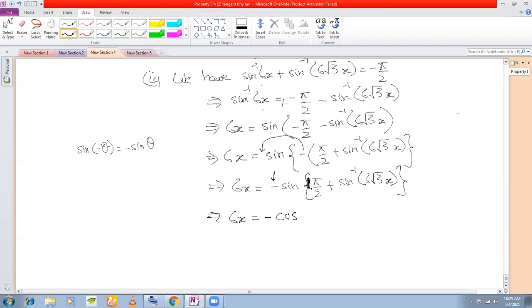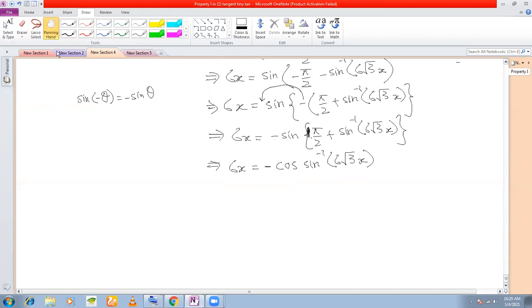And because 1 into pi by 2 plus something is in the second quadrant, cos is positive. This negative sign is not because of the sine, it is because the angle is negative. Okay, is this clear or not? Yes, sir. Okay, so this is minus cos of sine inverse 6 root 3x.